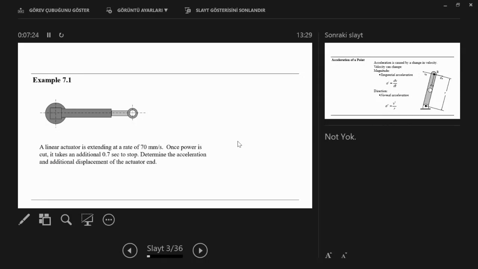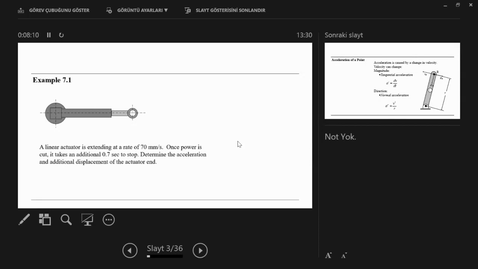Once the power is cut, there is no power anymore supporting the cylinder, so it goes a little bit forwards and stops. That means the speed arrives at 0 within the time of 0.7 seconds. Determine the acceleration and additional displacement of the actuator.